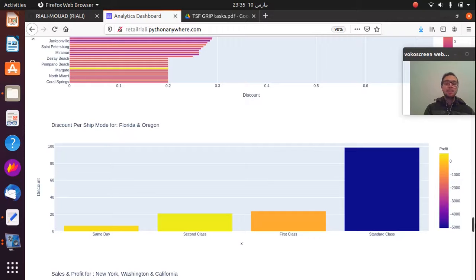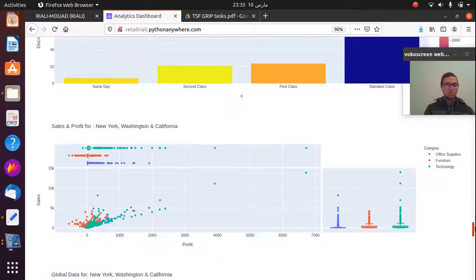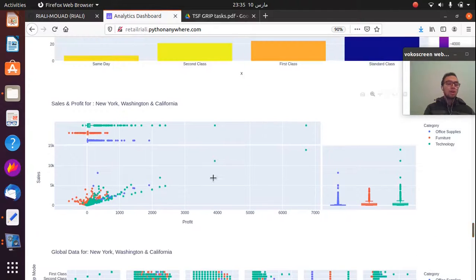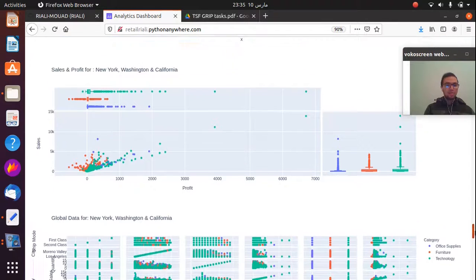And the second is that the standard class is a problem too. So to solve this problem, we're gonna look at some of the most highly profitable states: New York, Washington, and California. You can check above.